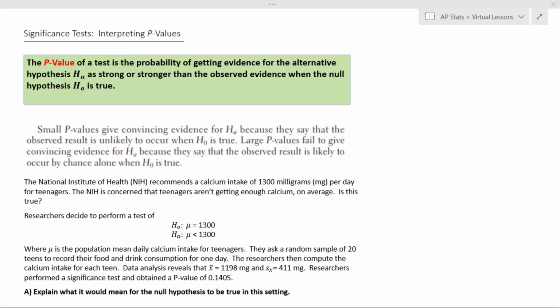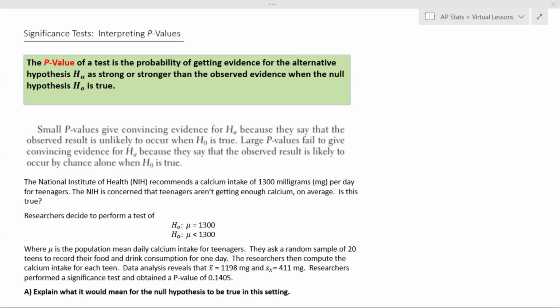Small p-values give convincing evidence for the alternative because this is saying that the observed result is unlikely to occur when the null is true. Larger p-values fail to give convincing evidence for the alternative because they say that the observed result is likely to occur by chance alone when the null is true.